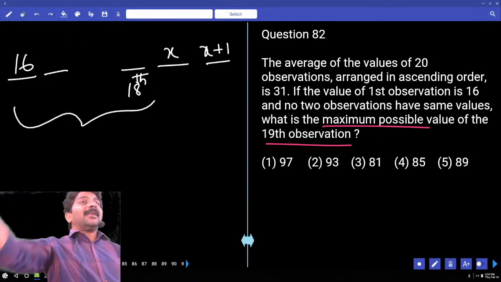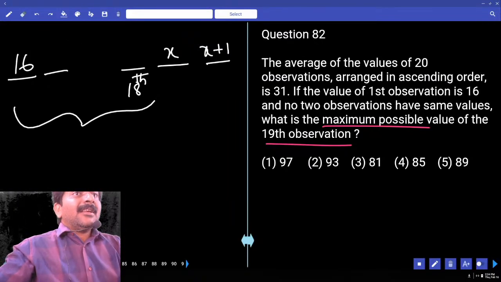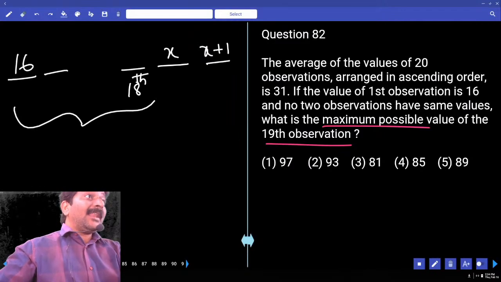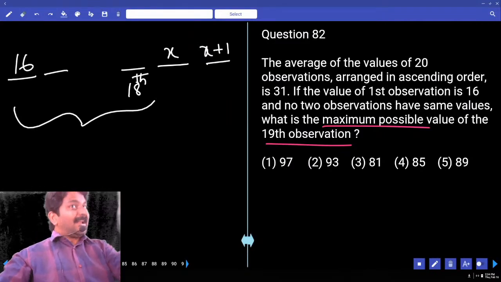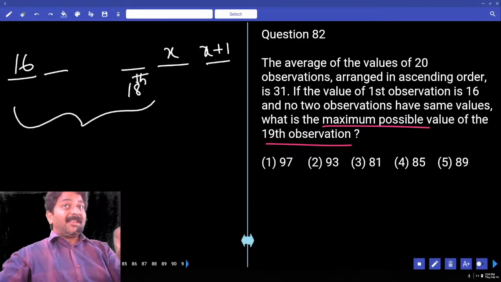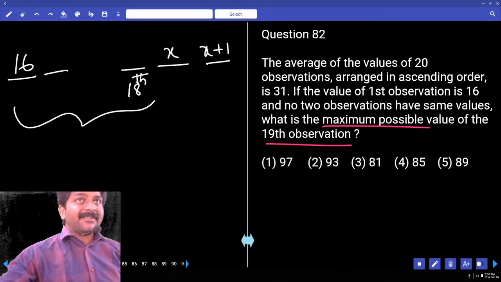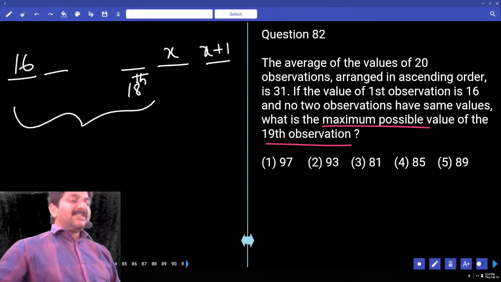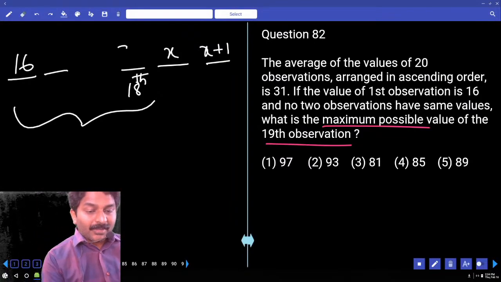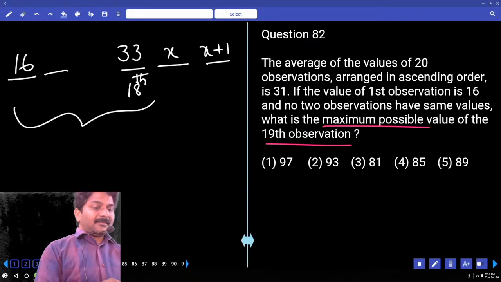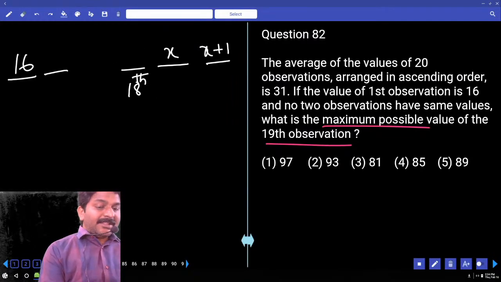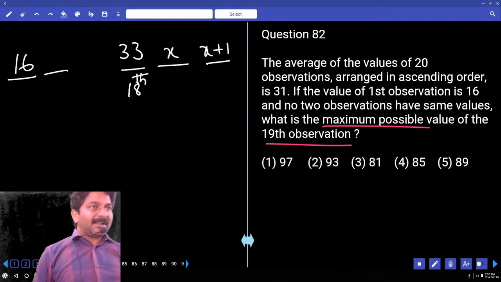For the nth number, how much more do we need to add? n minus 1. For the second number we add 1, for the third number we add 2, for the fourth number we add 3. For the 18th number we add 17. How much? 16 plus 17 is 33. Got it? So the 18th number is equal to 33.